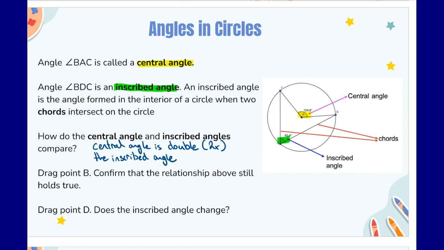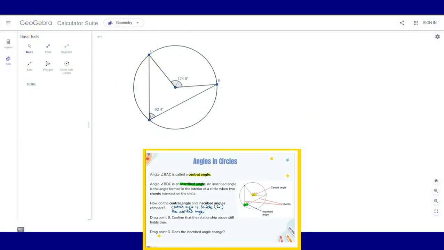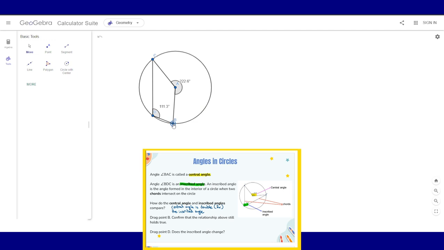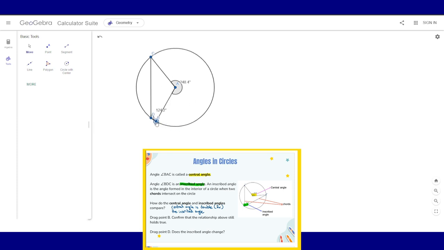And now we're going to look at a digital manipulative, and we want to see if I drag point B around, does that relationship still hold true? So if I move point B around, even if I go down here, is the central angle, this angle here, still double the inscribed angle?